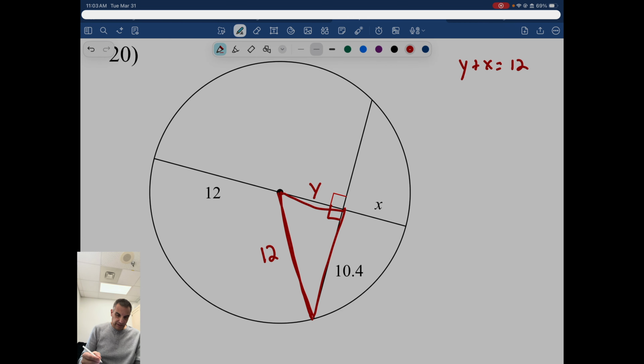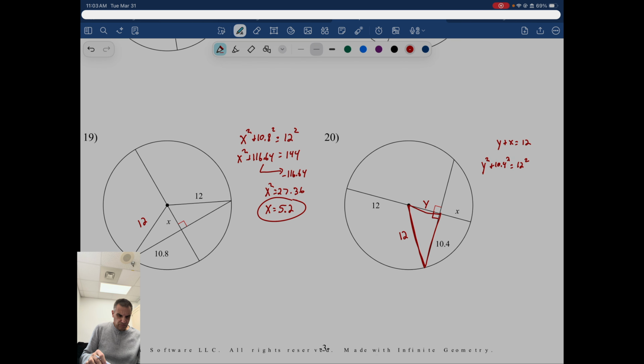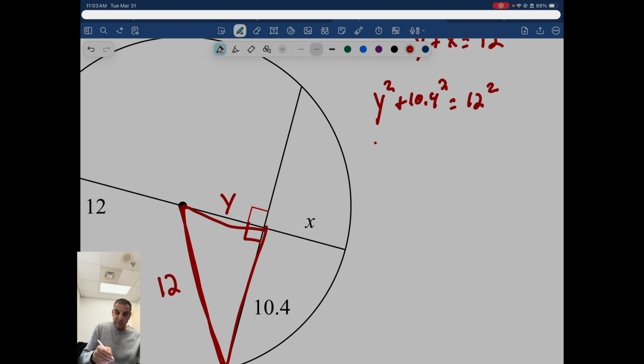So Pythagorean theorem again. y squared plus 10.4 squared has to equal 12 squared. It's 10.8 last time. So y squared plus 10.4 squared is 108.16. 12 squared is still 144.